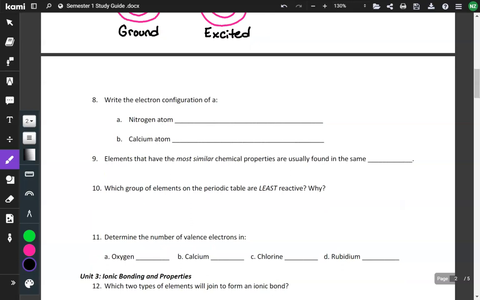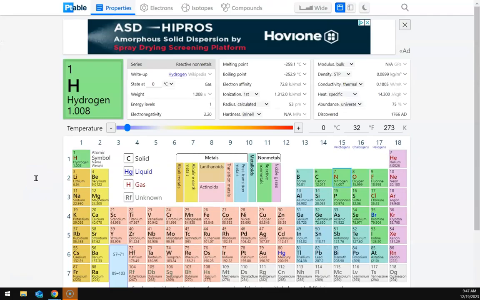Okay, write the electron configuration of a nitrogen atom and a calcium atom. So nitrogen is number 7 on the periodic table. So we always start up here at hydrogen.